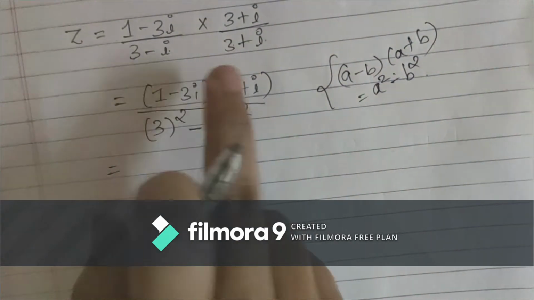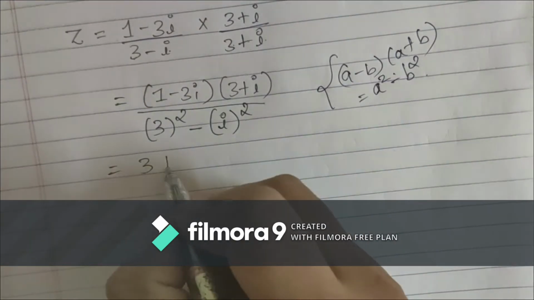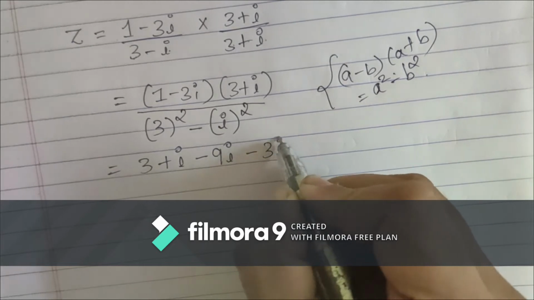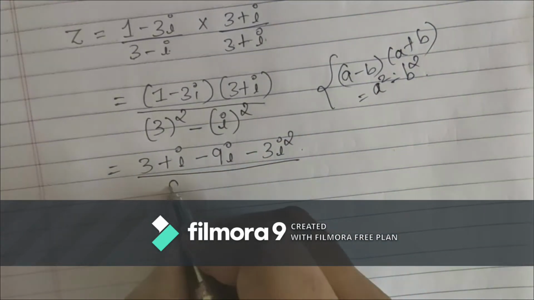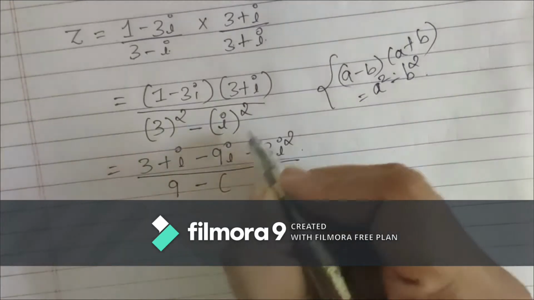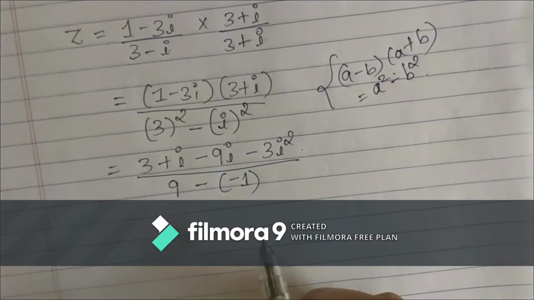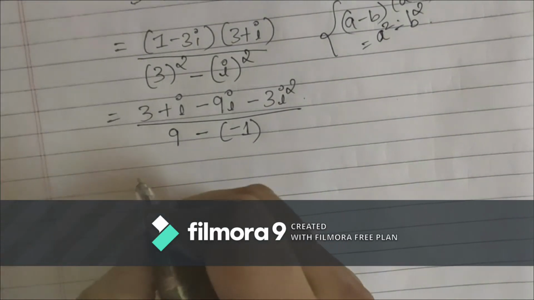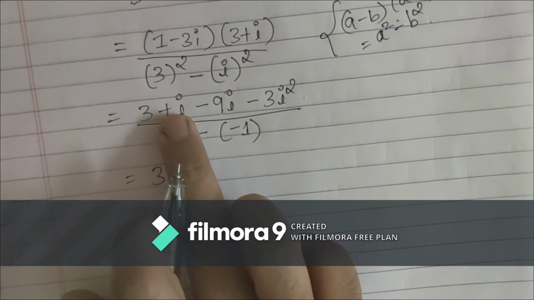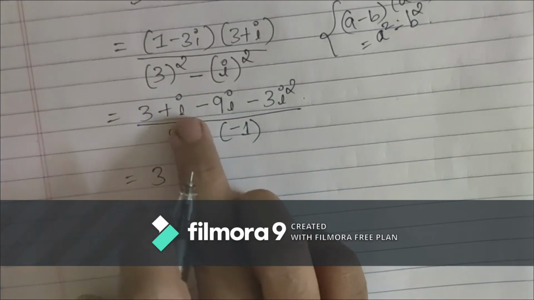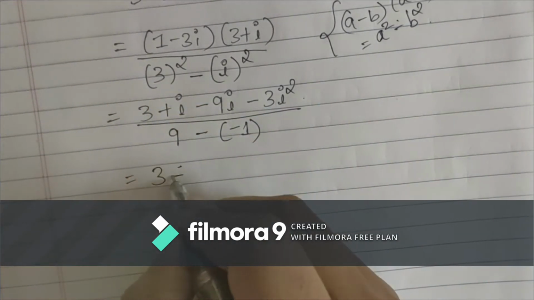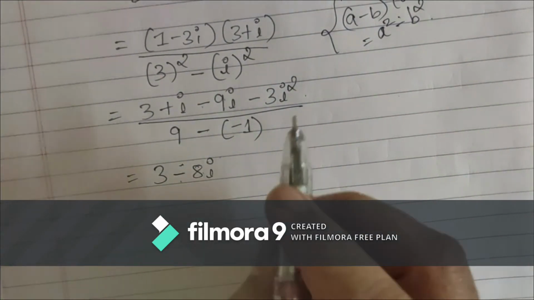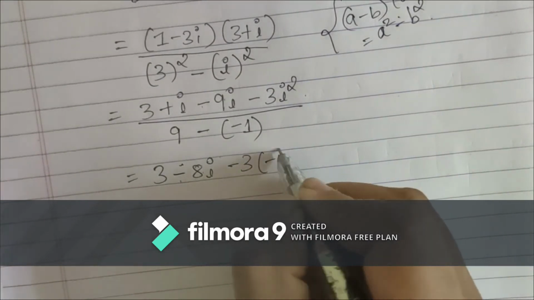Again we need to multiply these two. So 1 into 3 is 3, plus i, 3 3 is 9i, minus 3i square. Here 3 square is 9, minus i square is minus 1, as we took in the previous step, right? So 3 plus 1 minus 9i plus i means minus 8i, because the bigger number's sign is minus, minus 8i minus 3 i square.